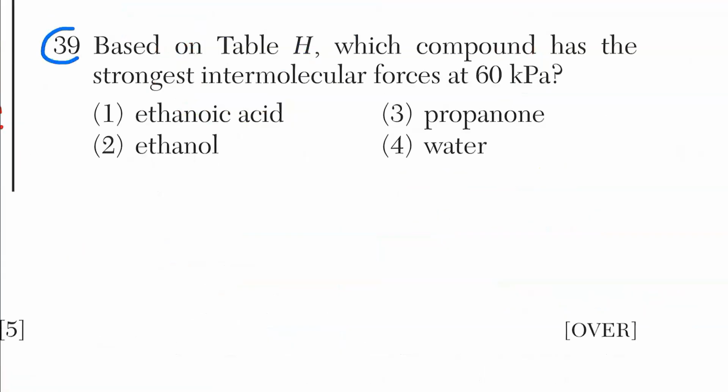Number 39. Based on table H, which compound has the strongest intermolecular forces at 60 kilopascals? So my friends in chemistry, what does it mean to have the strongest intermolecular forces? Before we go to table H, let's understand what table H is. It's a vapor pressure table, okay?